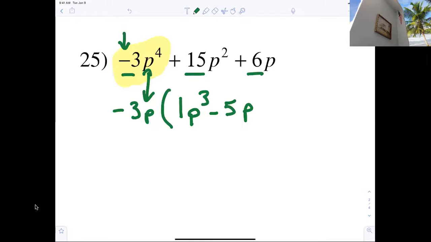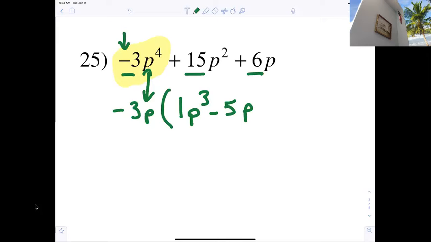What is that? 15. What? Which is what would this be? Why? Say it again. Where is 3 minus 2, Sienna? This is what we're talking about.